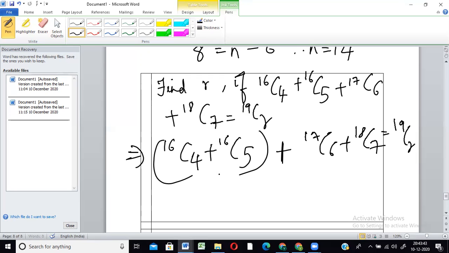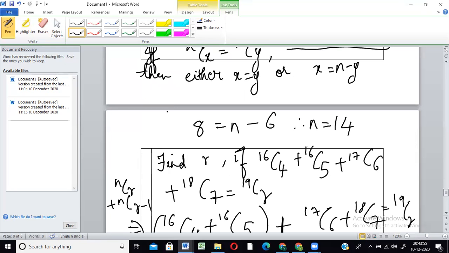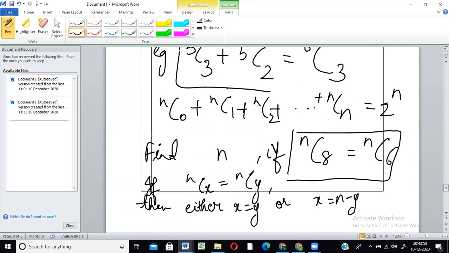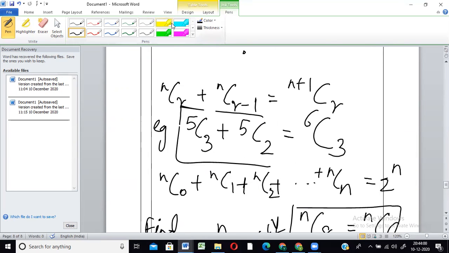So here, according to this, this is the same as nCr plus nCr minus 1, right? So this is the same as that. We had a formula for this: nCr plus nCr minus 1 is equal to n plus 1 Cr, right?